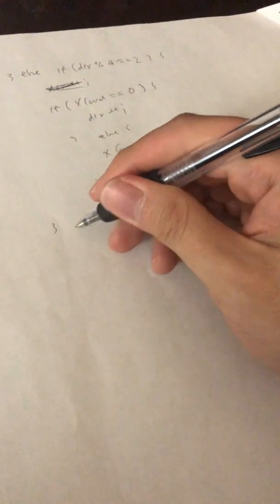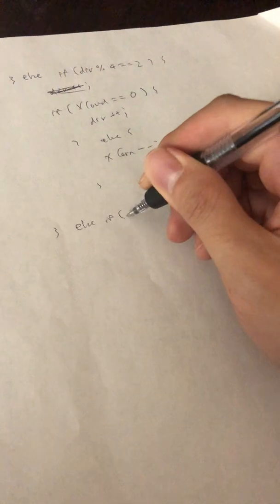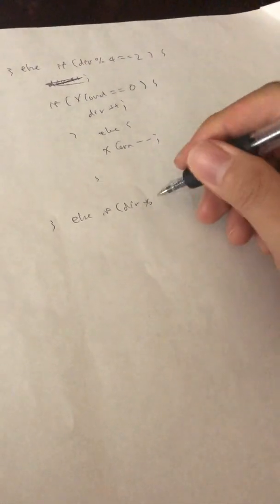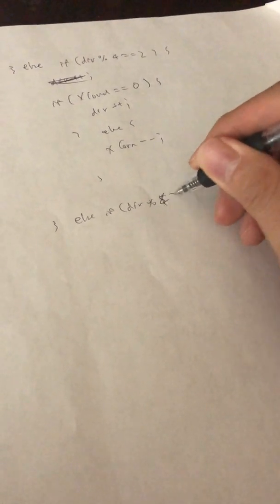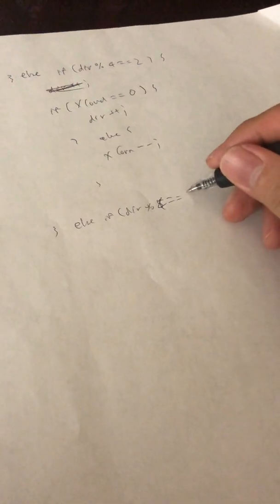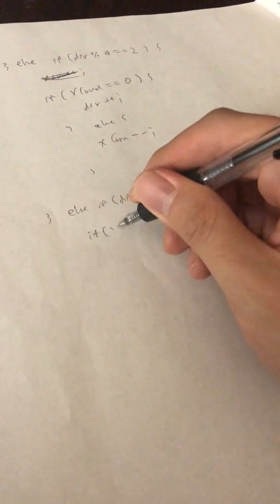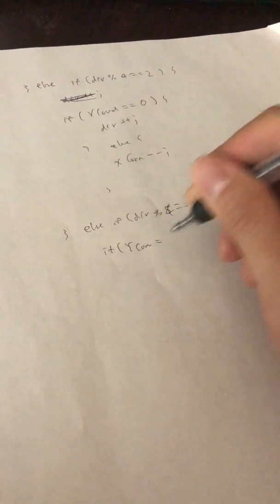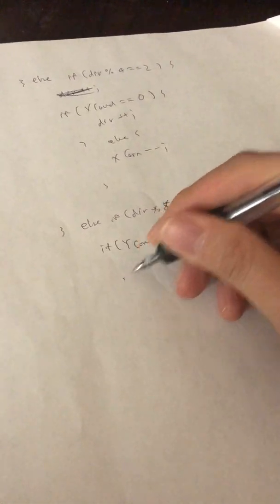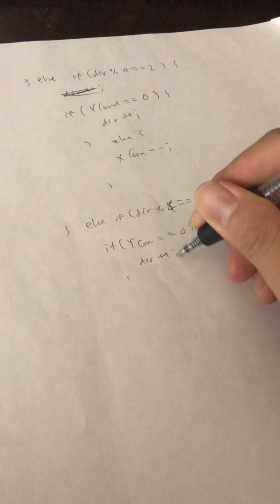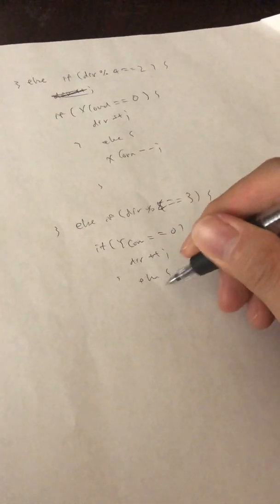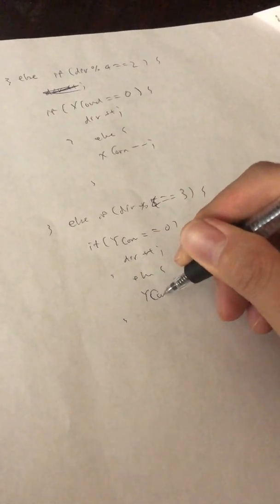Else, this time, since it's going left, x coordinate is being decreased. And else if dir mod 4 is 3, then it means it's going up. So if y coord is 0, dir plus plus, else y coordinate minus minus.